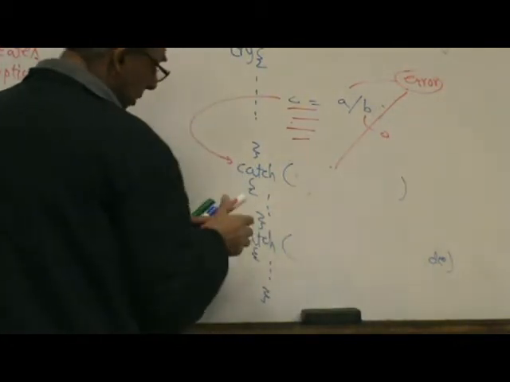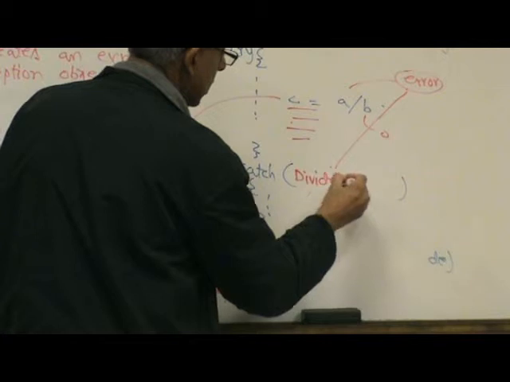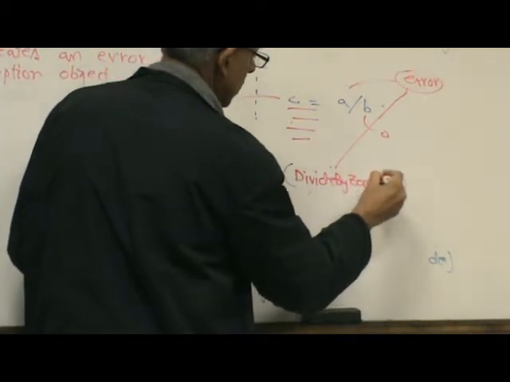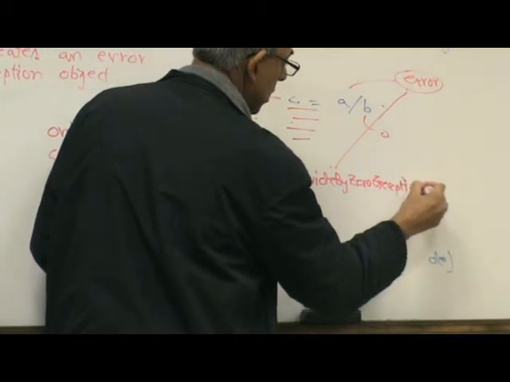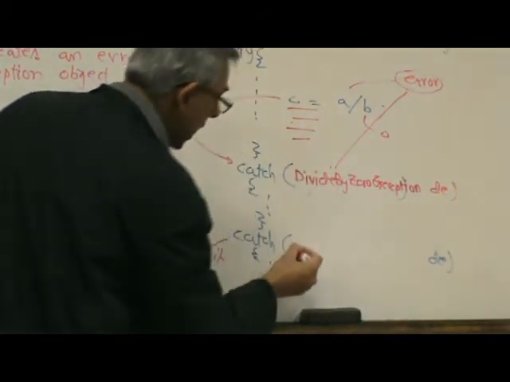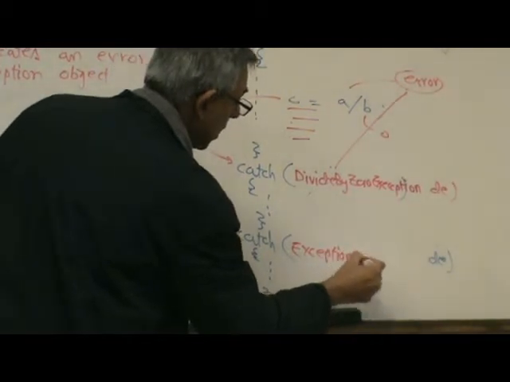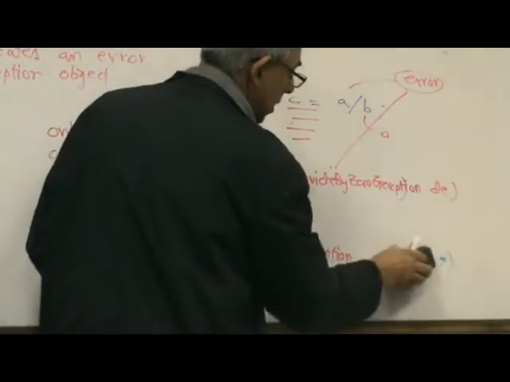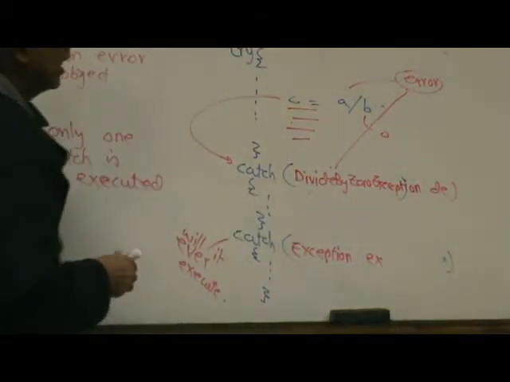So you will have to change it to divide by 0 exception as an example, and the next one will be the base class exception, and so on.